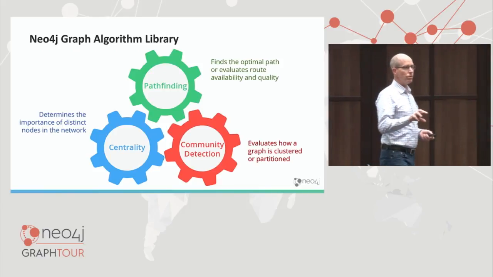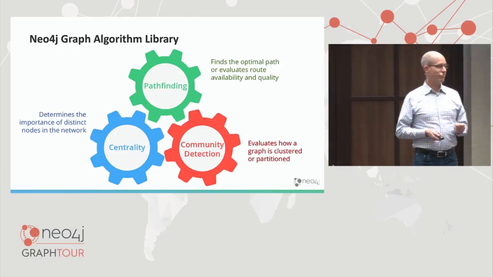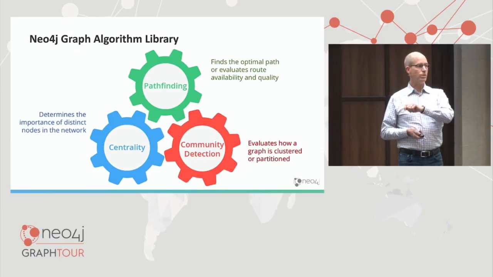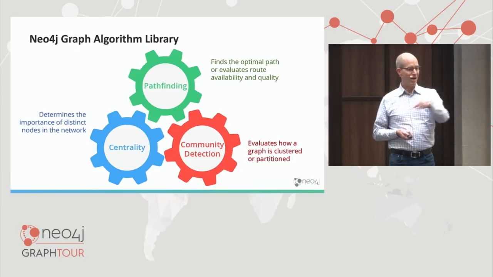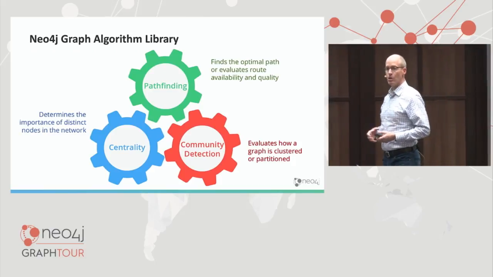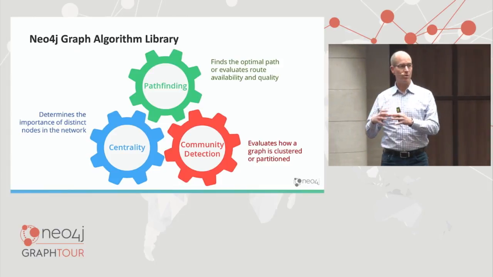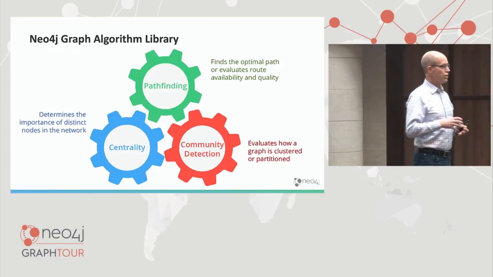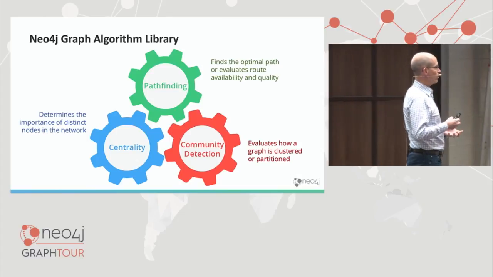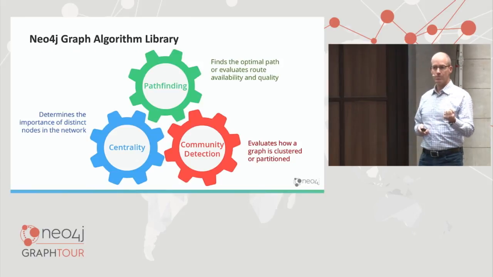Some of the key components of that graph algorithm library are the ability to do pathfinding within the graph to find the most efficient route through a path, to do community detection. So to take a graph and then find the important clusters within that graph, and to do centrality. So within a distinct network of nodes, to find the most important node in that cluster.